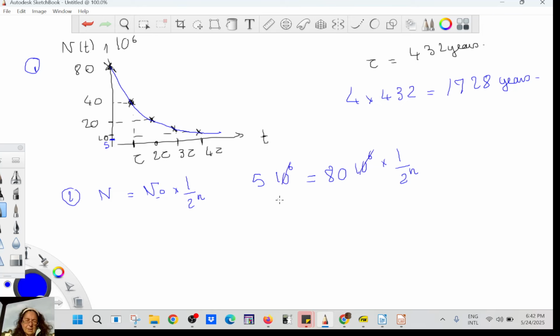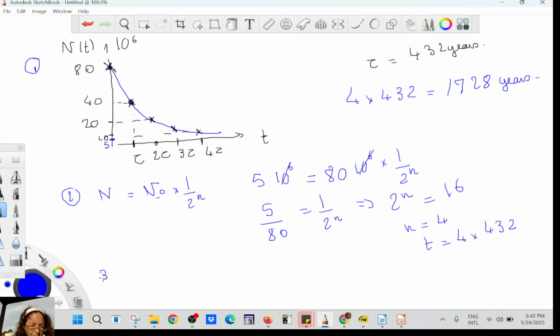So you're going to have 5 over 80 equals 1 over 16. So 2 to the n is going to be 16. So n equals 4. Okay, so you have 4 half-lives. So the time will be 4 times 432, 1728 years.